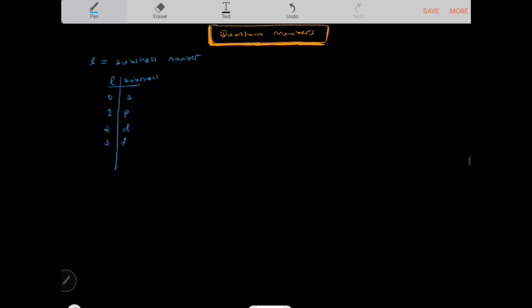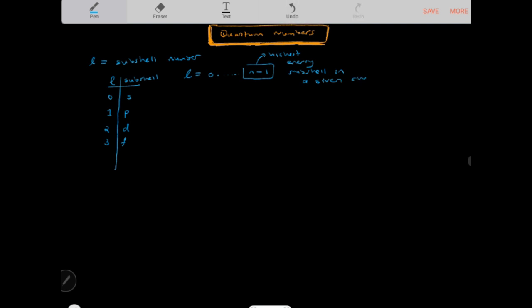We also stated that the subshells occur within a given shell, and the highest energy subshell number is n minus 1. So we know that L can take on values from 0 all the way to n minus 1, and n minus 1 is the highest energy subshell in a given shell.